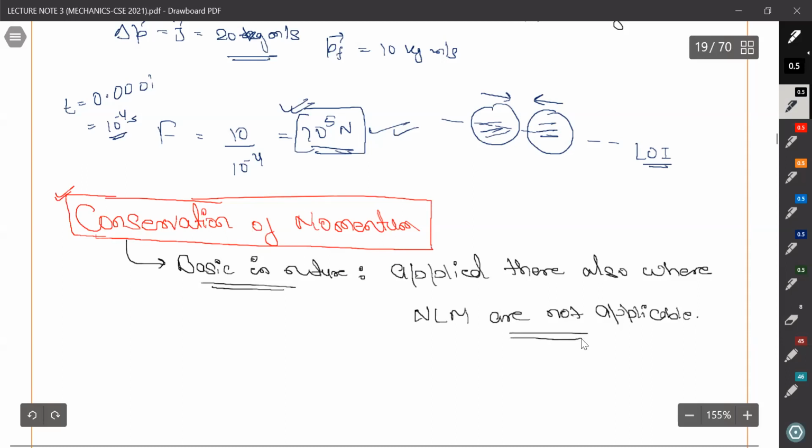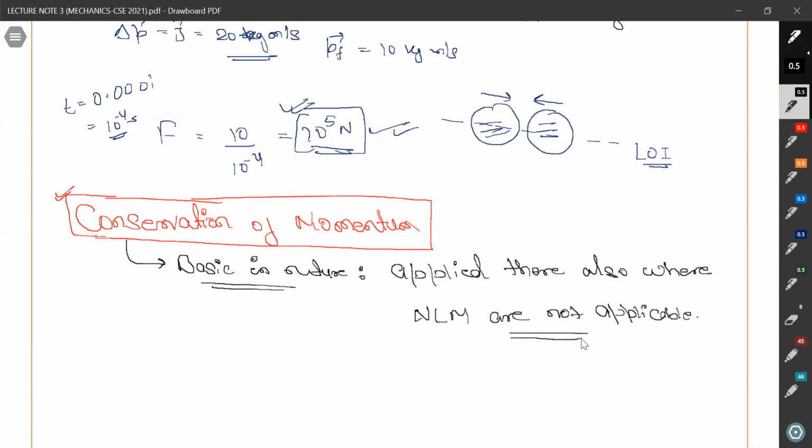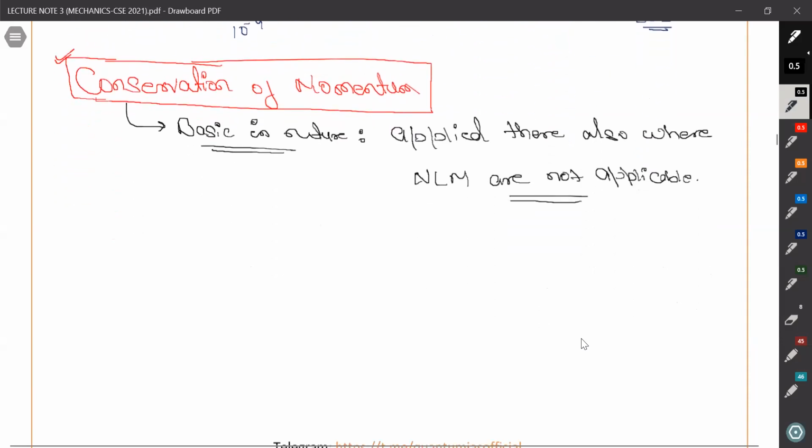But whenever we work with large size objects, there also conservation of momentum is valid. When we work with small size objects, subatomic particles, there also conservation of momentum is valid. When you talk about light, there also conservation of momentum is valid. When you talk about any relativistic object, there also conservation of momentum is valid. So this is very basic in nature, right?